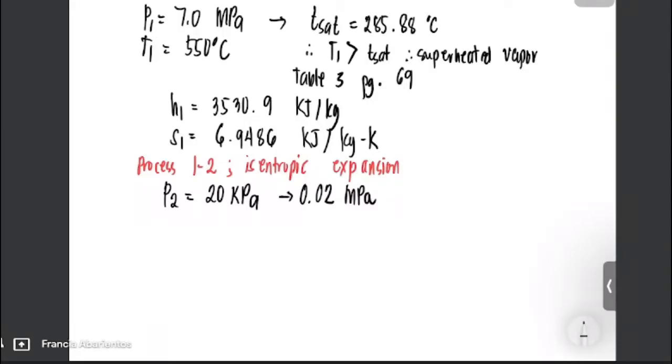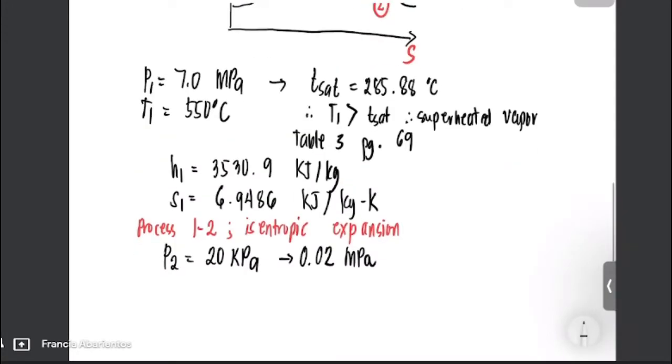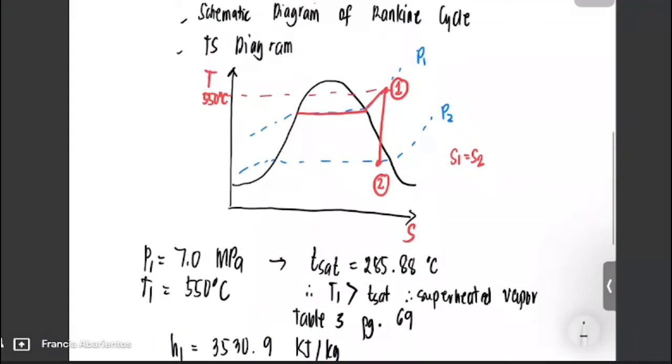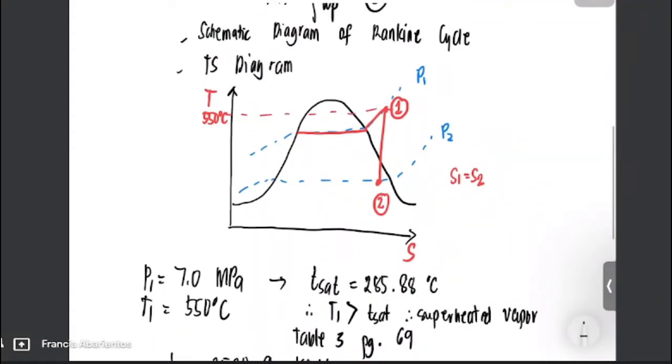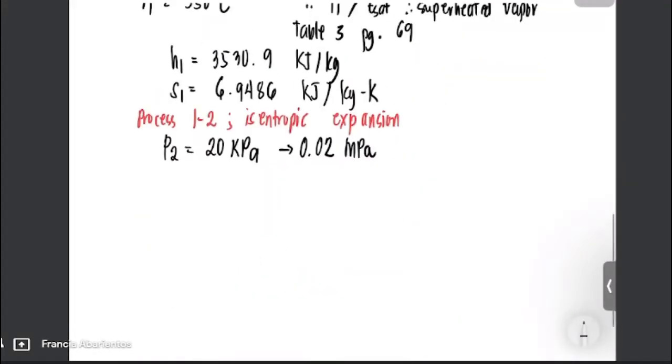So this is now your properties. Pressure 1 and pressure 2. Yes, class, because pressure 1 is constant, pressure 2 is also constant. So this is the constant pressure. Constant yung pressure. So we have now 0.02 MPa.